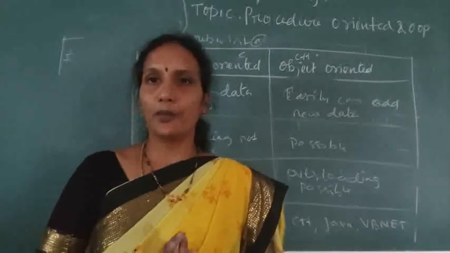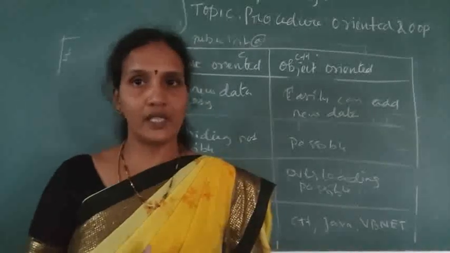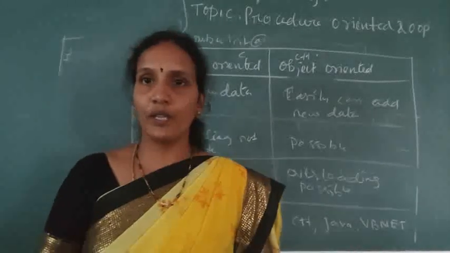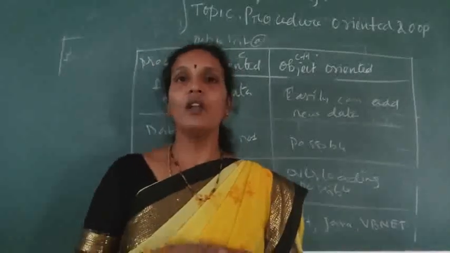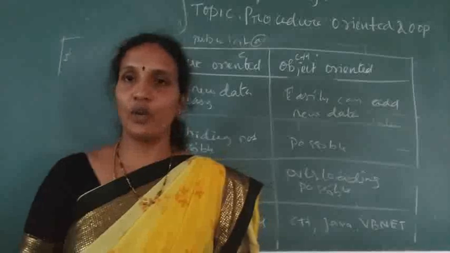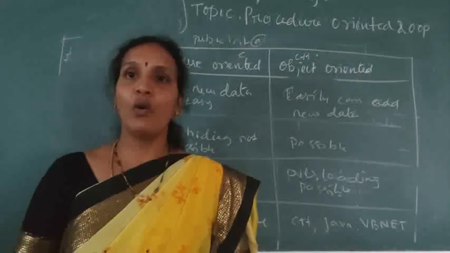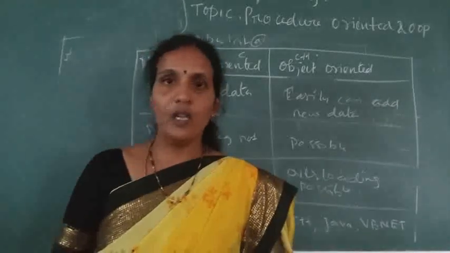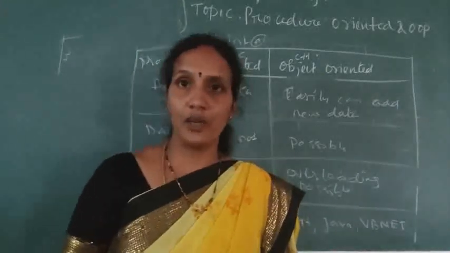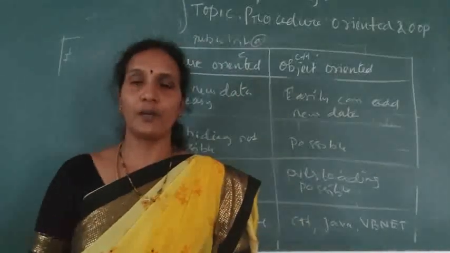In procedural-oriented language, data can be moved from one function to another function very easily because they are sharing a global variable. But in object-oriented language, data cannot move freely from one object to another object because only the functions in the object can operate on that data. Overloading is not possible in procedural, whereas overloading is possible in object-oriented programming.